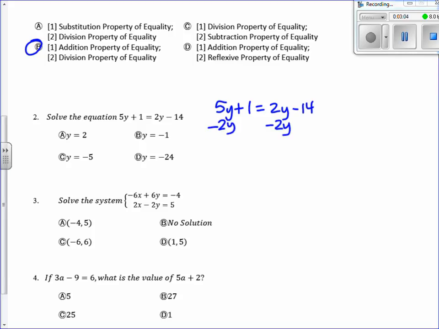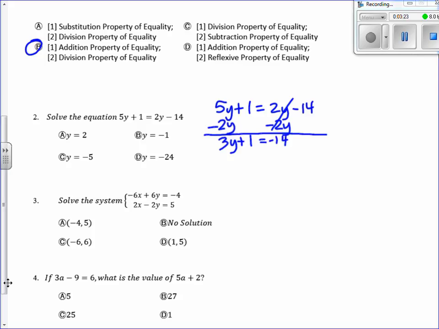So you have to get rid of whatever's on the wrong side. So I decided to get rid of the 2y, and by getting rid of it from one side, it gets moved to the other side, or we subtract it from the other side, I should say. And so I end up with that.